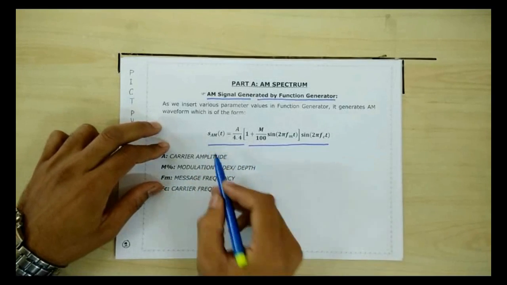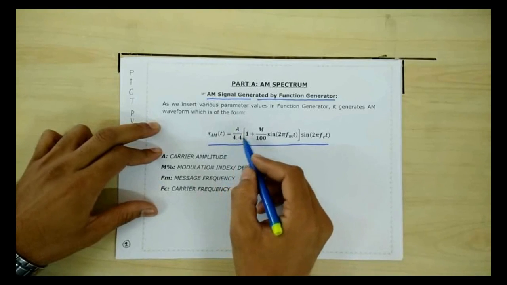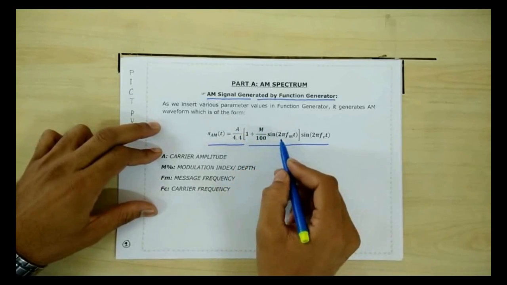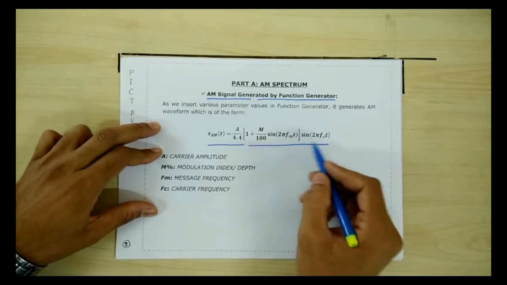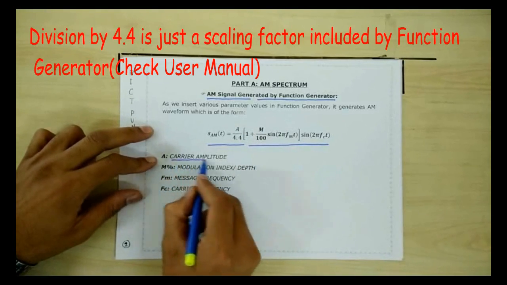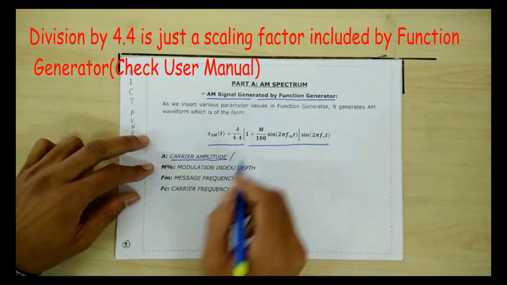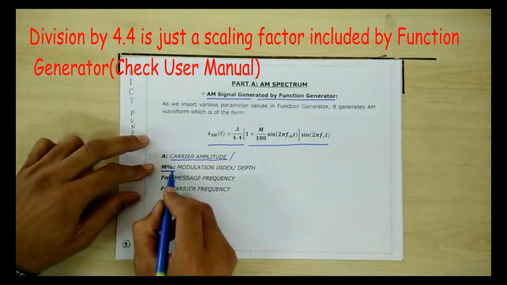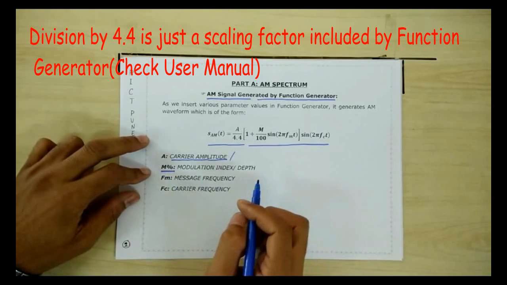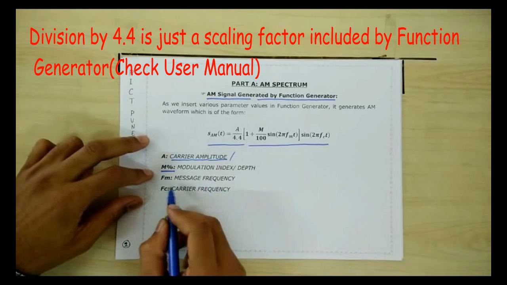So basically this is the AM equation. It is A by 4.4 times 1 plus m by 100 sine 2 pi fm t, times sine 2 pi fc t, where A is the carrier amplitude. We can also call it carrier amplitude before modulation, and m% is the modulation index, or we also call it modulation depth in percentage.